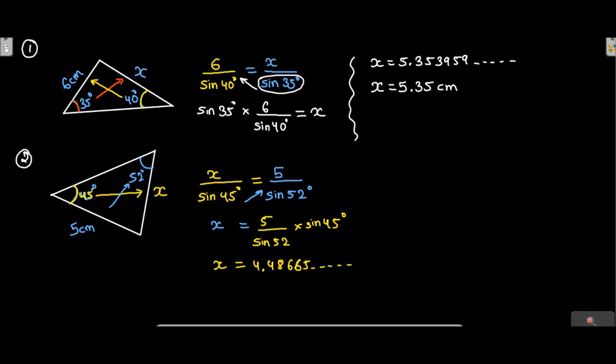There are more digits after the 5. Now we will round off this value to 3 significant figures: 4.49 centimeter, because it is given in centimeter. So this is how you should solve the question. In our next video, I will explain how to find the angle using the sine rule formula. Okay, thank you.